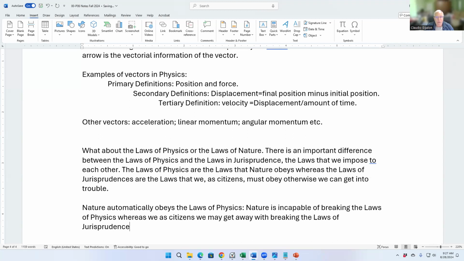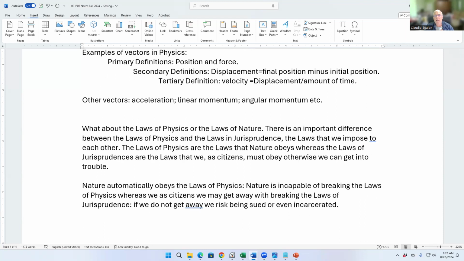If we do not get away, we risk being sued or even incarcerated. So that's an important distinction between the laws of nature and the laws of man.